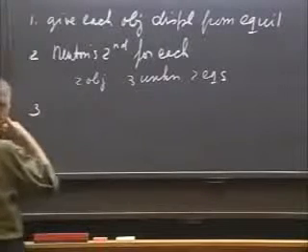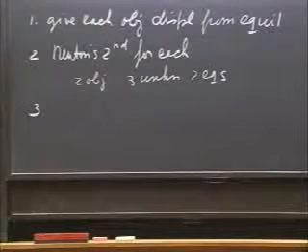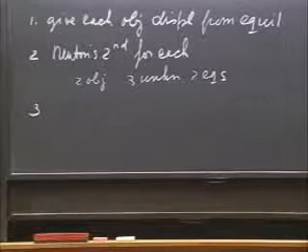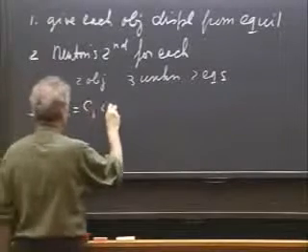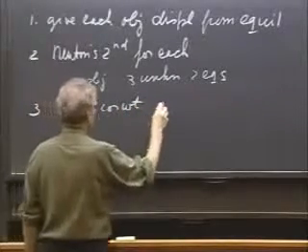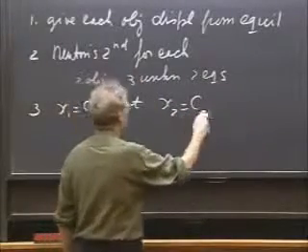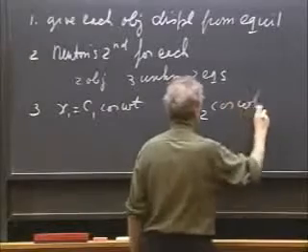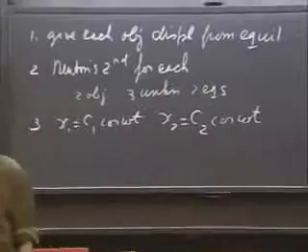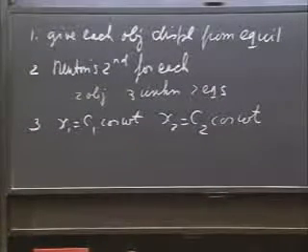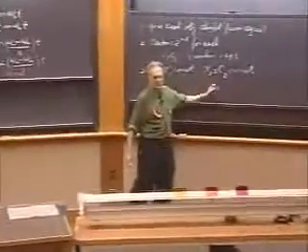Number three, you are going to put in the condition for normal modes, which means that x1 is c1 times cosine omega t, but x2 can be some other amplitude, which we have to calculate also, times the same omega t. I don't have to put the phase in there because it's either in phase or out of phase, and out of phase means that you get minus signs.